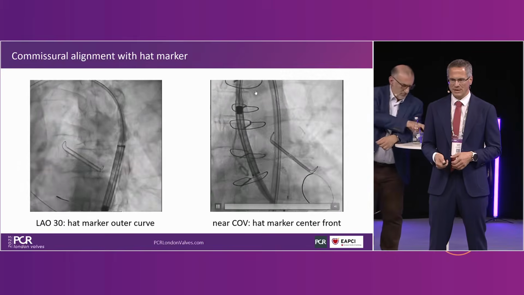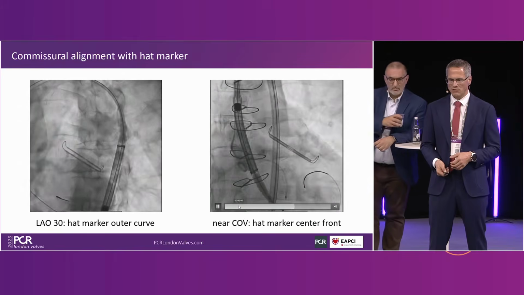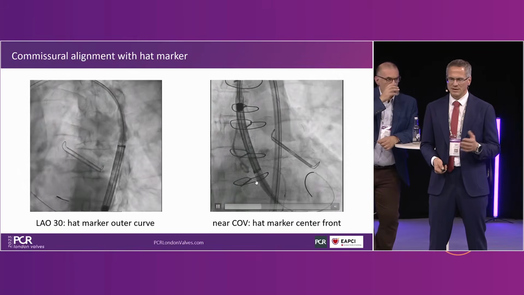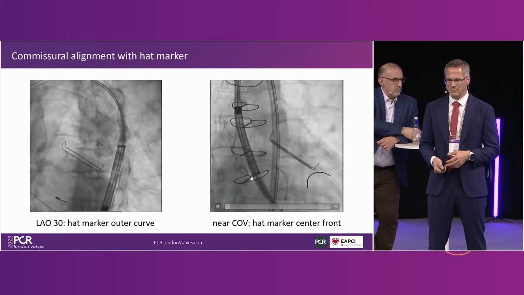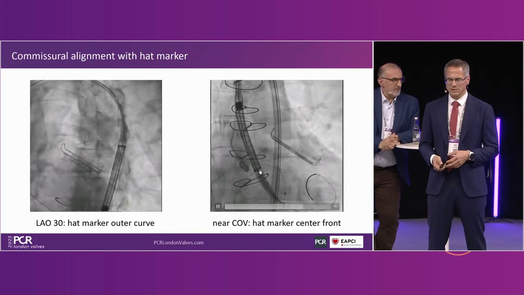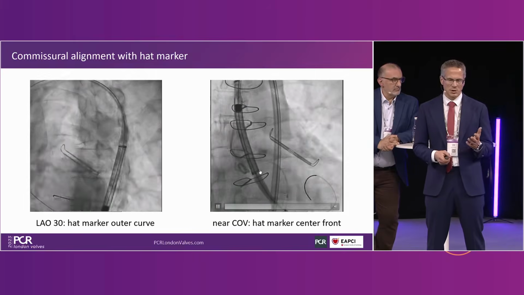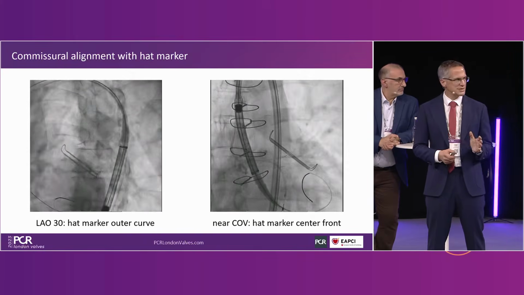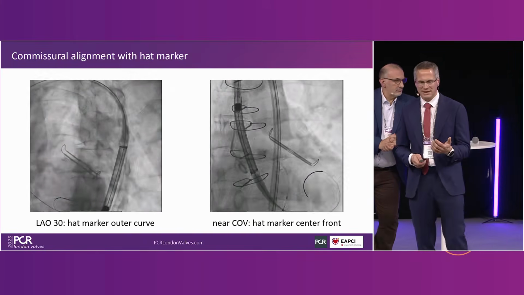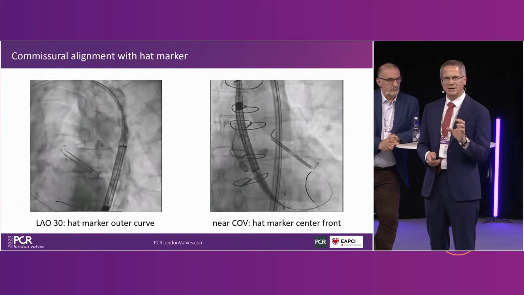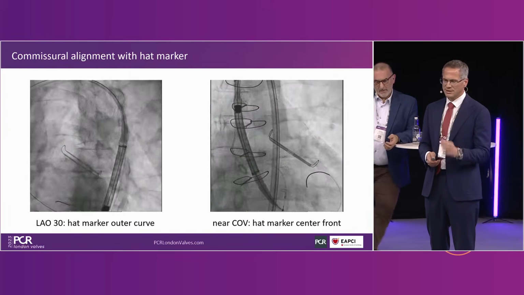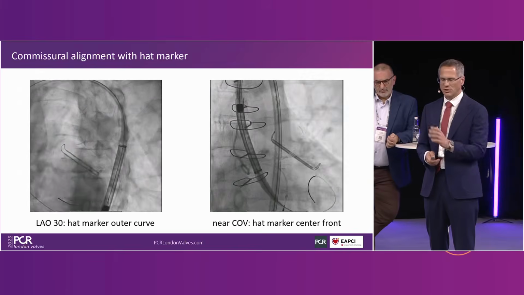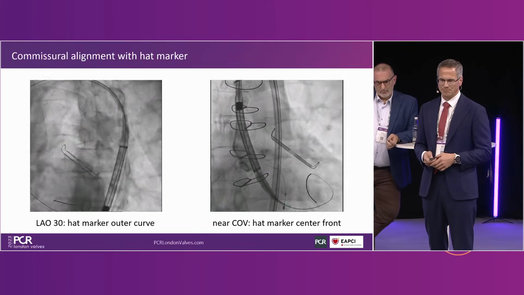And then coming down, we are now in a near cusp overlap view. And this is the near center front head marker here at this position, but nevertheless we said we are almost there, and now we proceed with the implantation and then check for the dots whether we have got this 2 and 1 configuration, which is favorable.